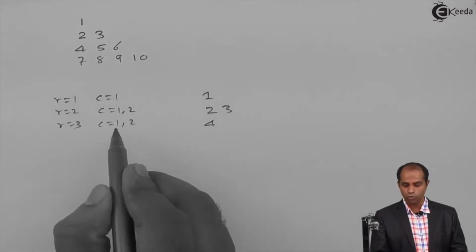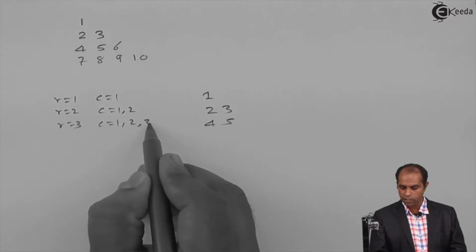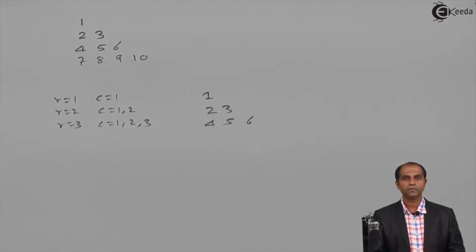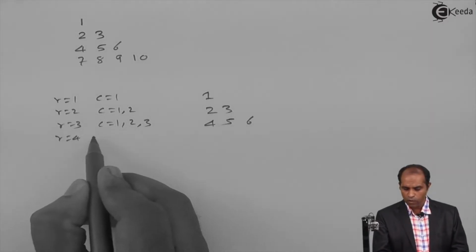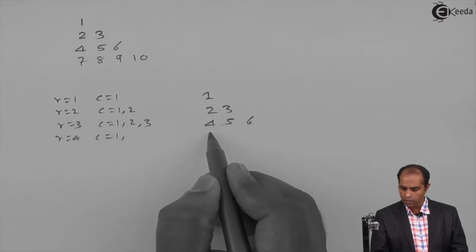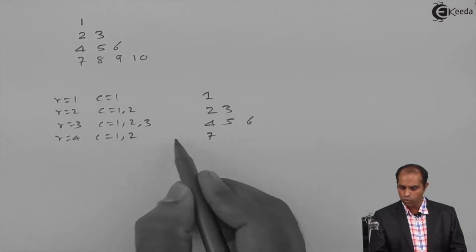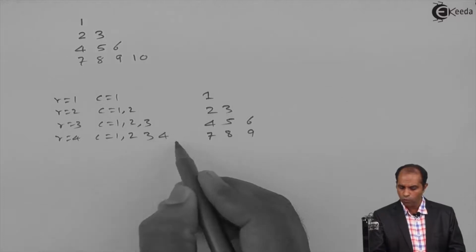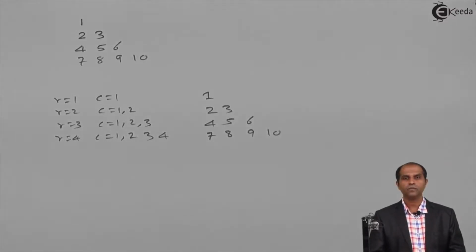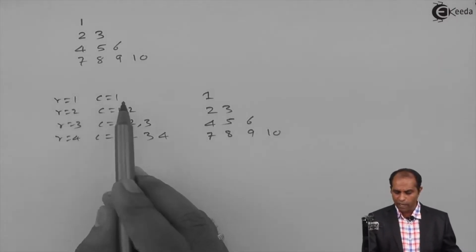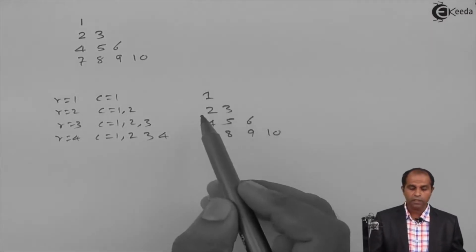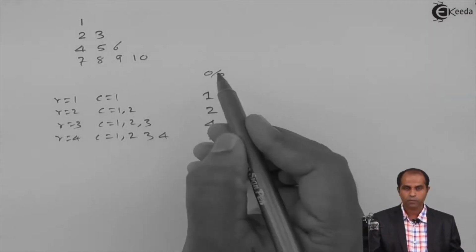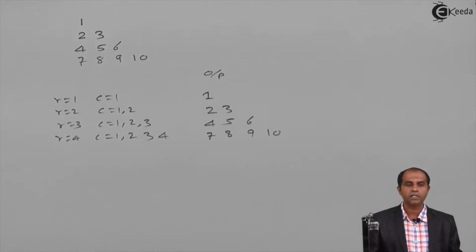C is changed to 2, print 5. C changed to 3, print 6. Similarly, when R is 4, C is 1, print 7; C is 2, print 8; C is 3, print 9; C is 4, print 10. So here I have kept the values of R and C, and here I have written the output which is supposed to be generated. None of these R or C coincides at this place.